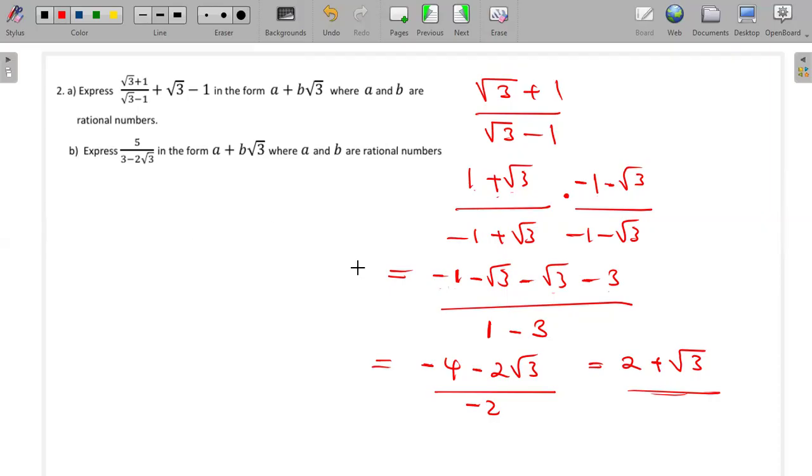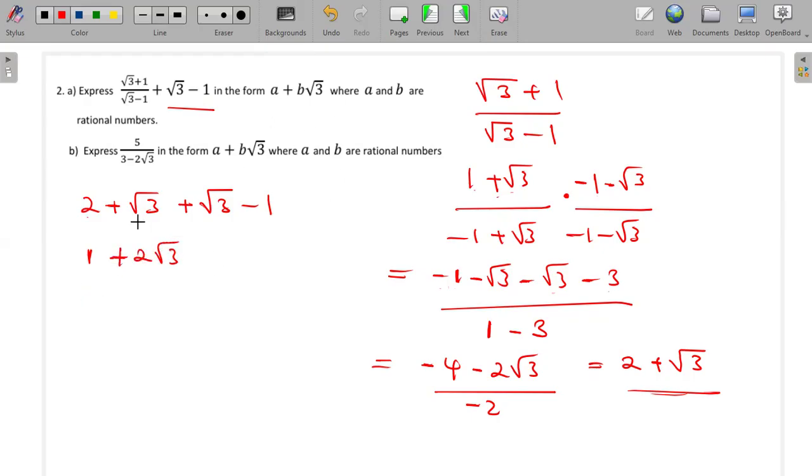Okay, so we continue. Then you have that part, the 2 plus root 3. Then you add the other part, which is root 3 minus 1. This gives you 1, since 2 minus 1 is 1, plus the two root 3s give you 2 root 3.